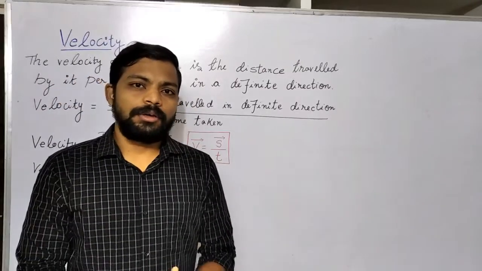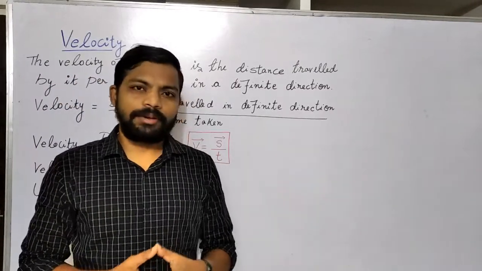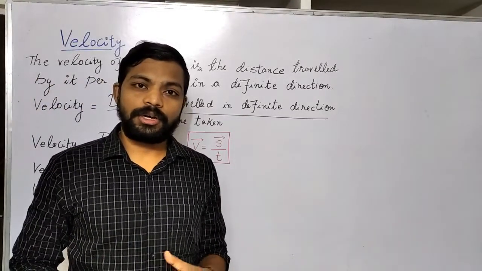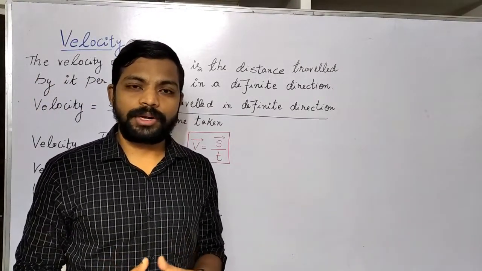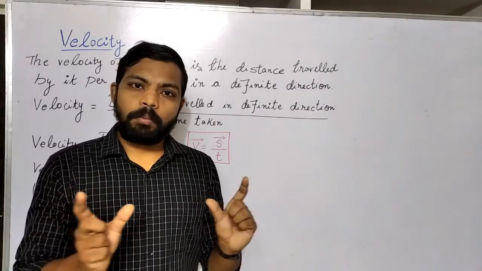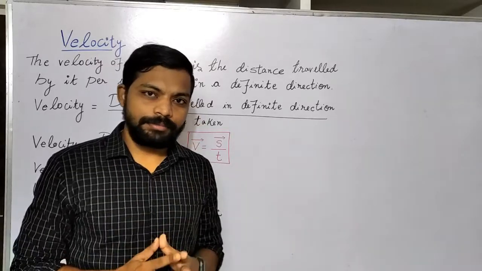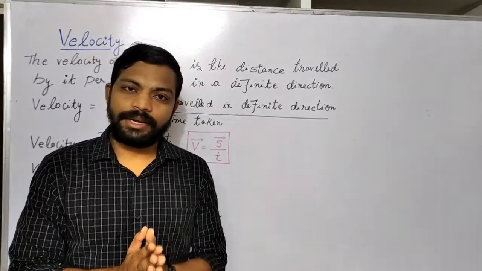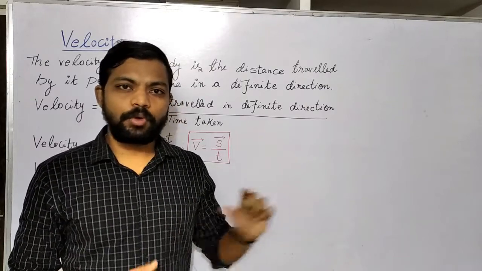Many of you might have already come across this term velocity. You might have learned about it in your lower classes or somewhere outside. Speed and velocity both are almost similar terms, but there is a difference. Speed generally gives us an idea how fast an object is going.